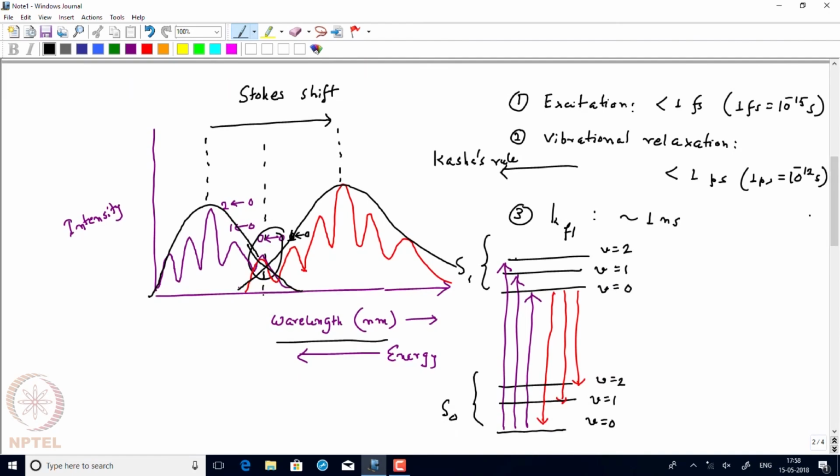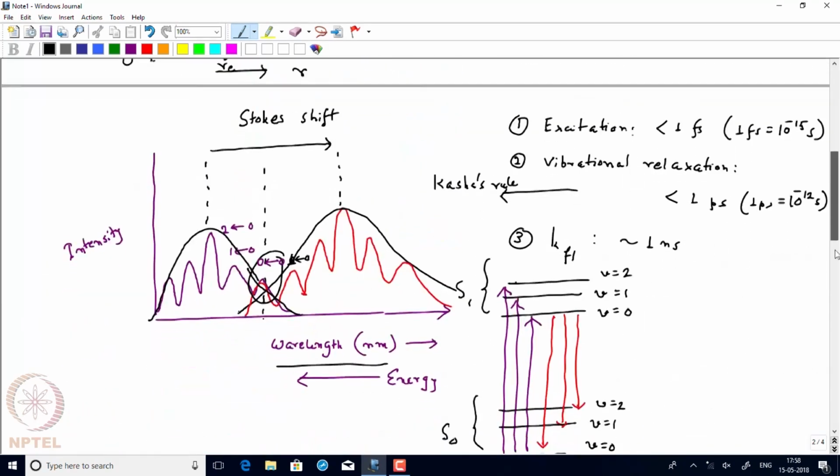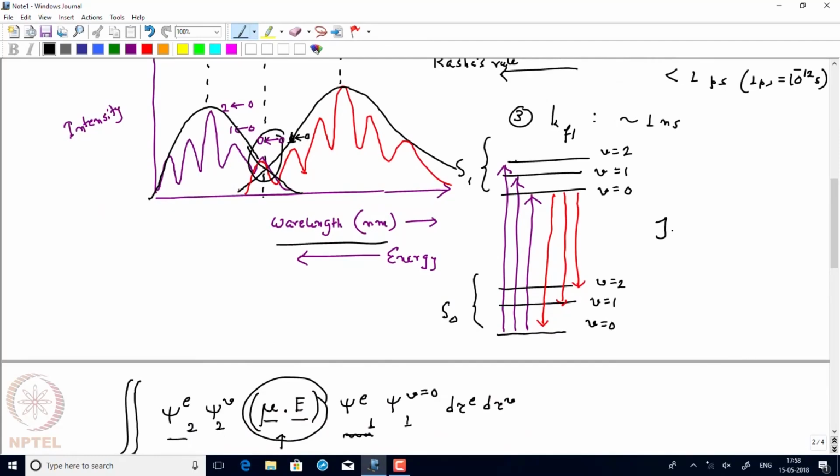Now this type of diagram, where we show the energy levels and the vertical transitions, and the singlet energy levels as well as the triplet energy levels, is known as the Jablonski diagram.